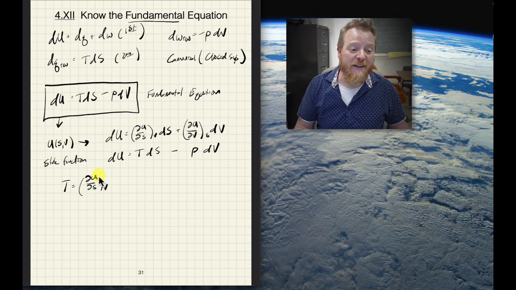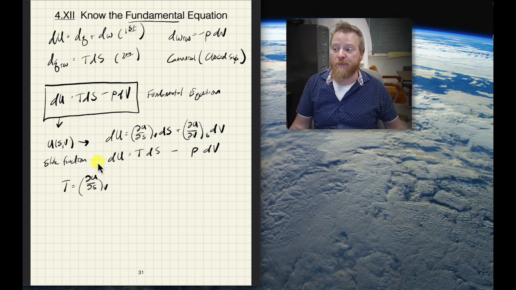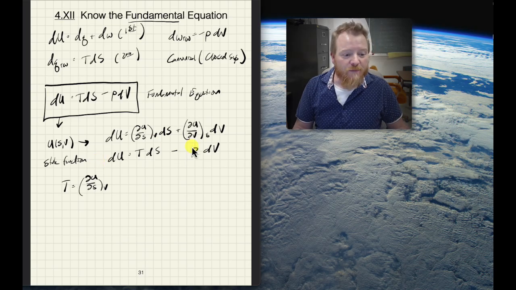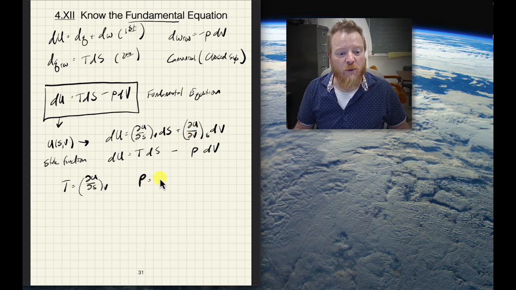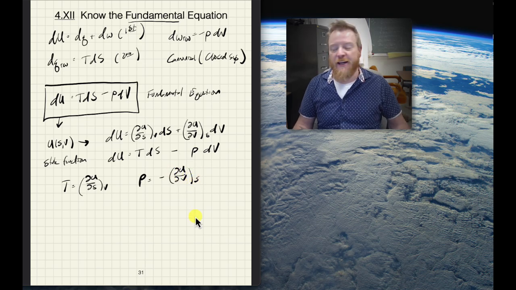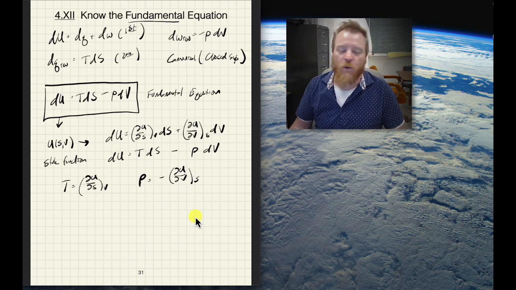That's awesome. That is a better metric for temperature than temperature itself. And we can also see we get the thermodynamic definition of pressure. Here we can see pressure equals the negative partial derivative of internal energy with respect to changes in volume at constant entropy. That is cool.